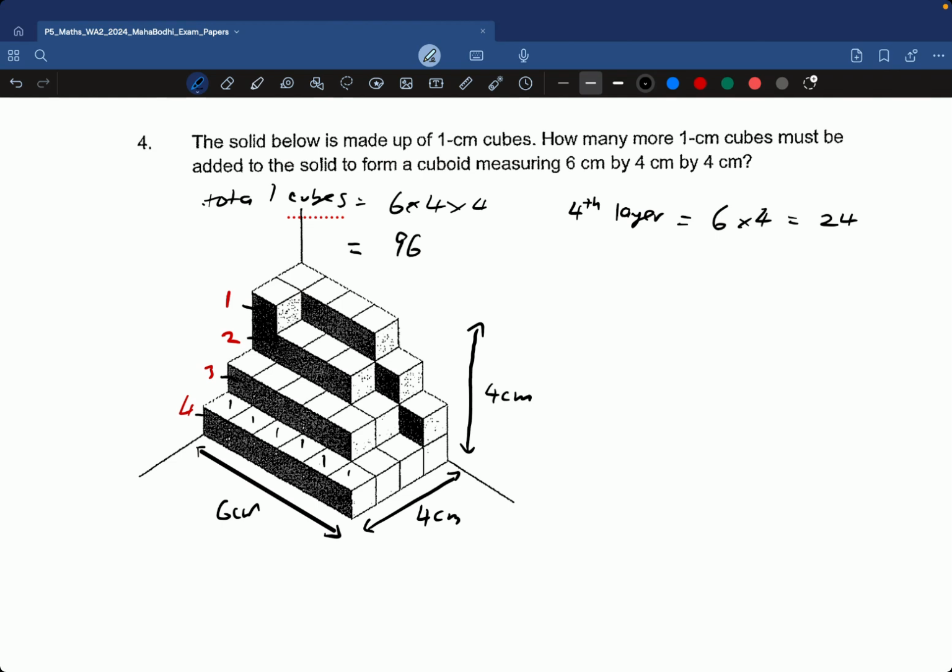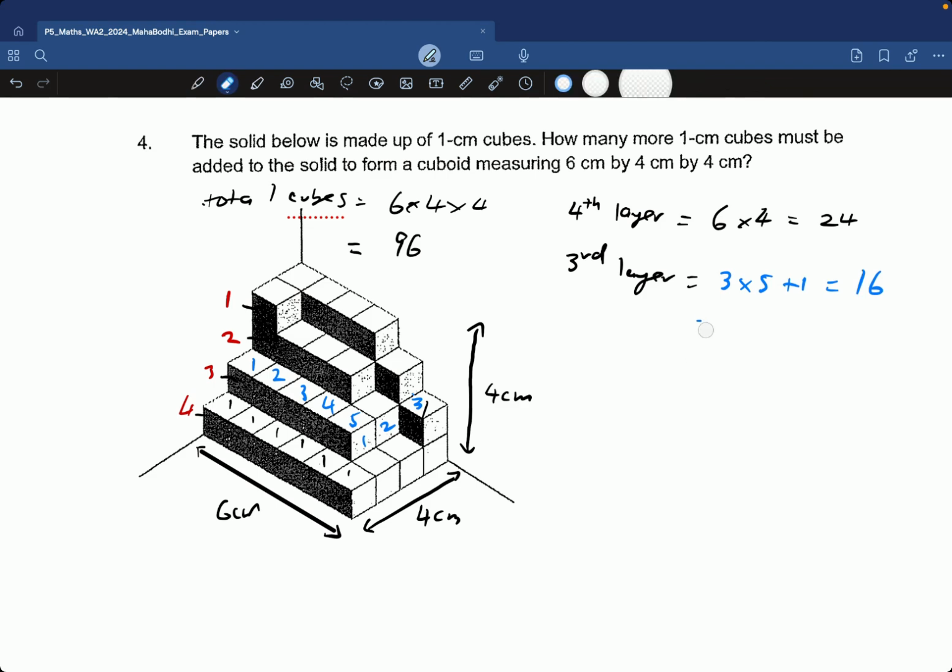Okay, fourth layer done. So third layer over here. We count, we have 1, then 1, 2, 3, 4, 5, so 5 over 1, 2, and then 3. So third layer is basically 3 times 5 plus 1. 3 times 5 is 15 plus 1. This will become 16.